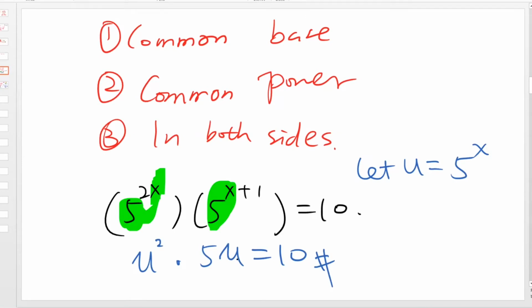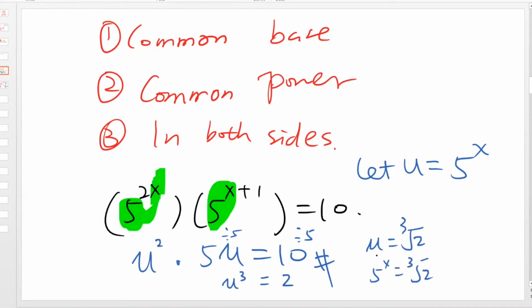Okay, so let me continue this question. What you have here is, you divide by 5 on both sides. So basically you end up with u cube equals to 2. So your u is equal to cube root 2, and therefore your 5 to the power x is equal to cube root 2.